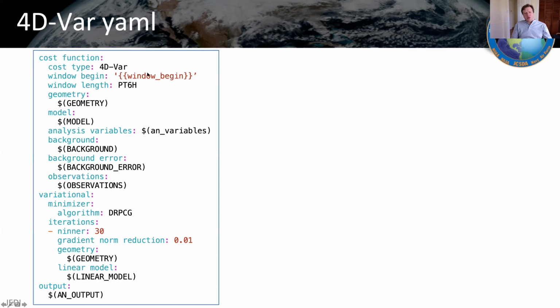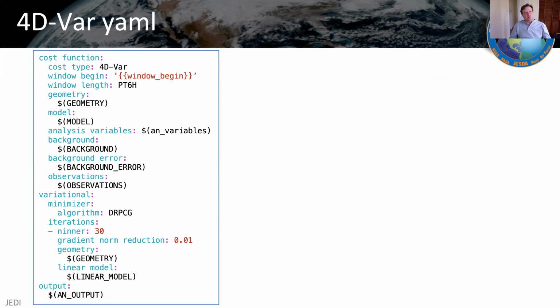The beginning of the window is not defined explicitly, it's just a template basically, because when you're running an experiment with cycling, this date is going to change at every cycle. The date is moving, so you can't specify it explicitly here.